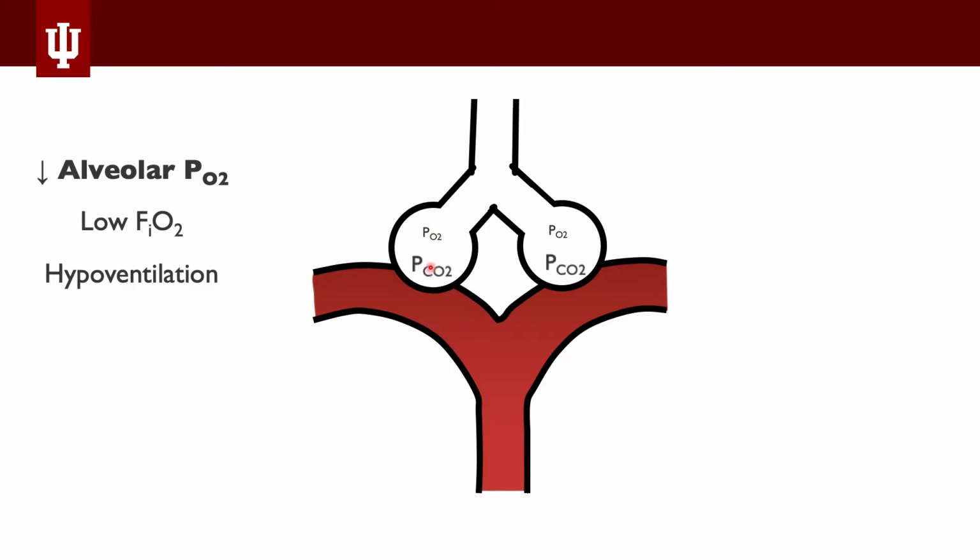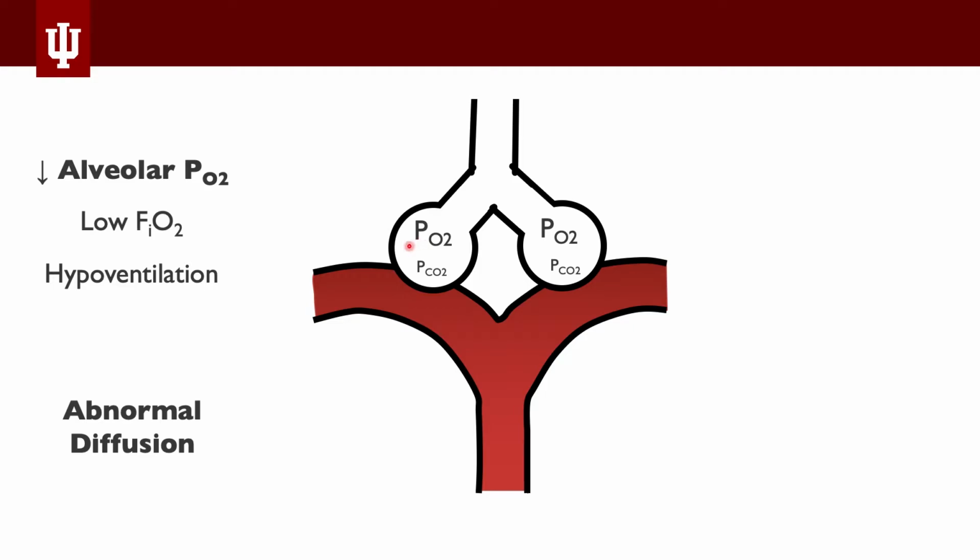And so as the carbon dioxide pressure goes up, the oxygen pressure goes down, and you can get hypoxemia. As we discussed in the last lecture, hypoxemia from this is a very late finding, and hopefully you have figured out that the patient is hypercapnic before they have gotten significantly hypoxemic. All right, let's move on.